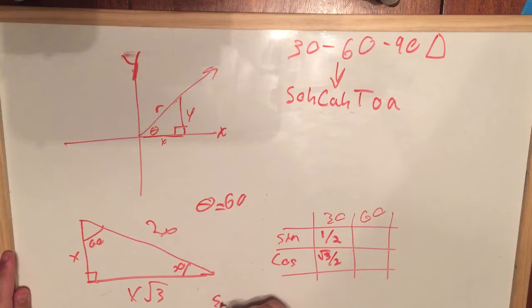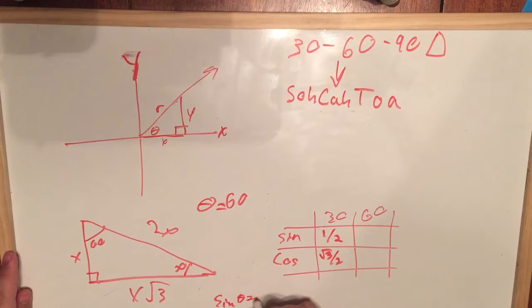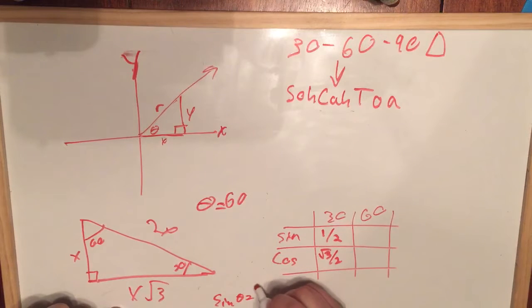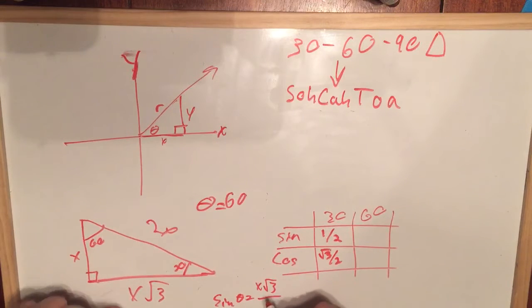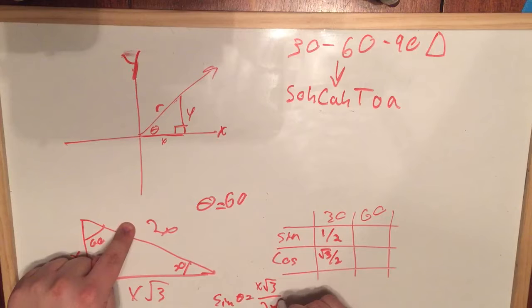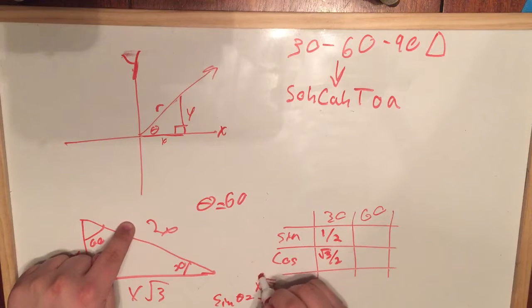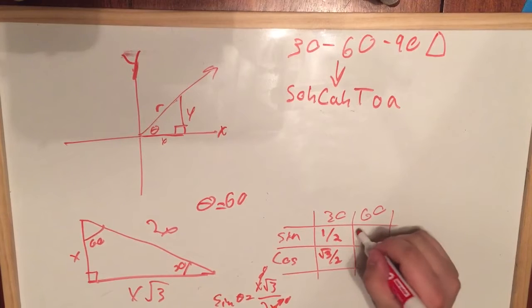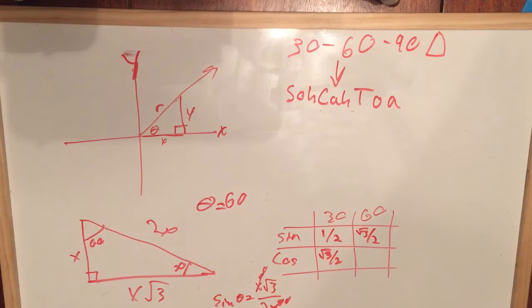So the sine of theta, where theta is equal to 60, so we're going to be doing the opposite, x square root of 3, over 2x. And then we're going to have the sine of theta equals the square root of 3 over 2. That's going to be that part of the chart.